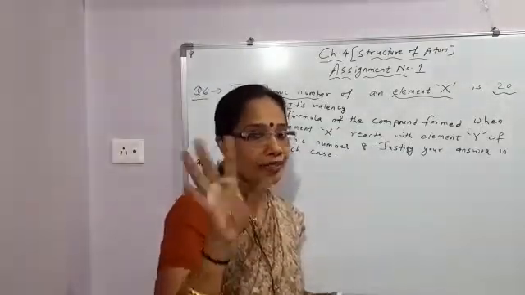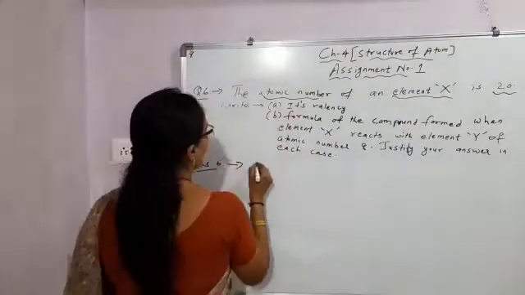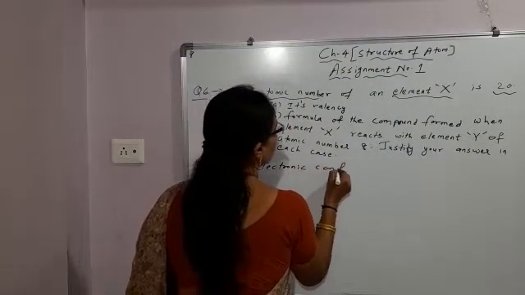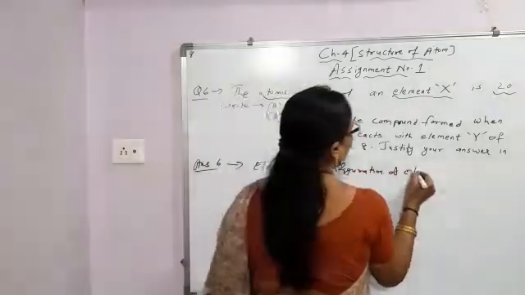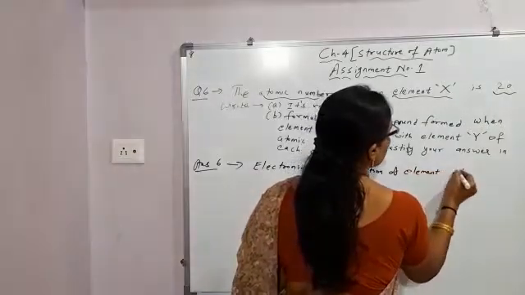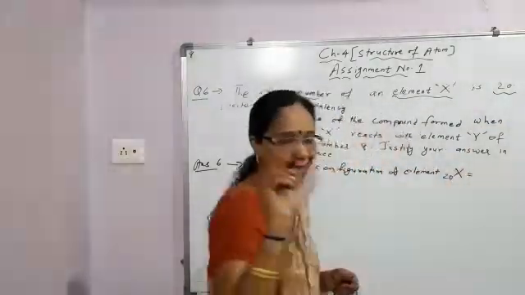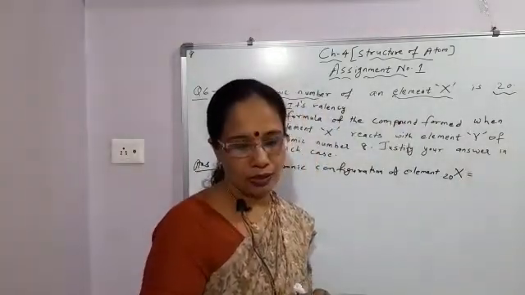So first you will write the electronic configuration of the element. So which element? X. So electronic configuration of element X. And what is atomic number given? 20. So atomic number 20 means atomic number is equal to number of protons.